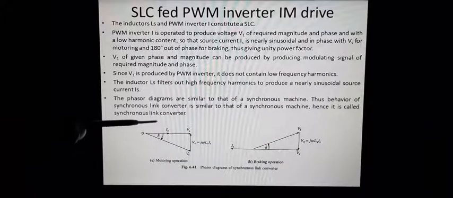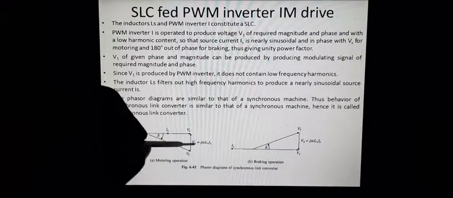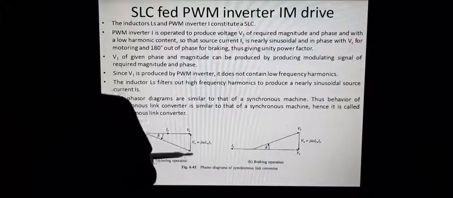If you want the angle between Vs and Is to be 0, then definitely the magnitude of V1 must be this much, and the phase angle between Vs and V1 must be del, which is mentioned here. If this has to happen, then the value of Is must be adjusted in such a way that the voltage drop across the inductor must be only this much.